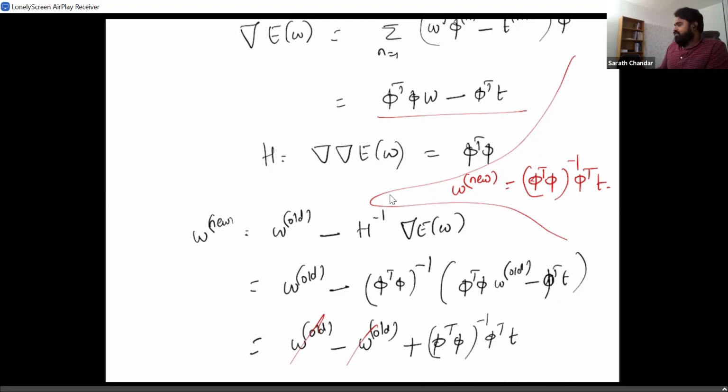Okay, so there's a question: can we say that Newton-Raphson is always better than gradient descent or SGD, even though the error function is quadratic or not? Well, in the case of a quadratic error function, you're going to get a one-step solution, right? But in the case of non-quadratic error functions, it becomes iterative like gradient descent.